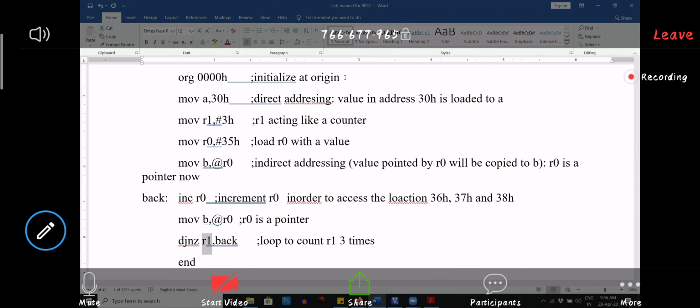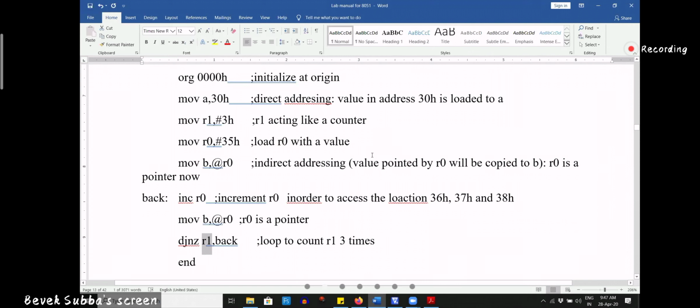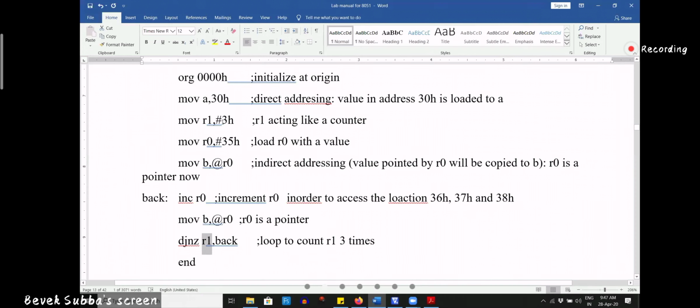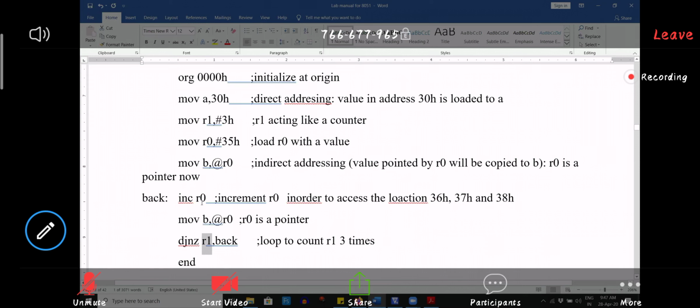Will it be 0 or not? It will be 2, since the loop was for 3. DJNZ means decrement and jump if not zero. So I have to decrement R1, so it will be 2. But 2 is not 0, so it will jump back again. That time increment R0, so it will be 37 now.